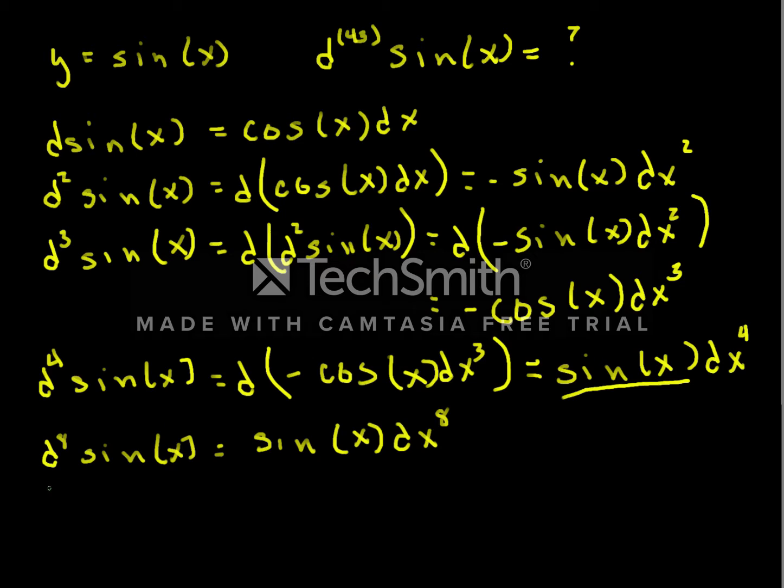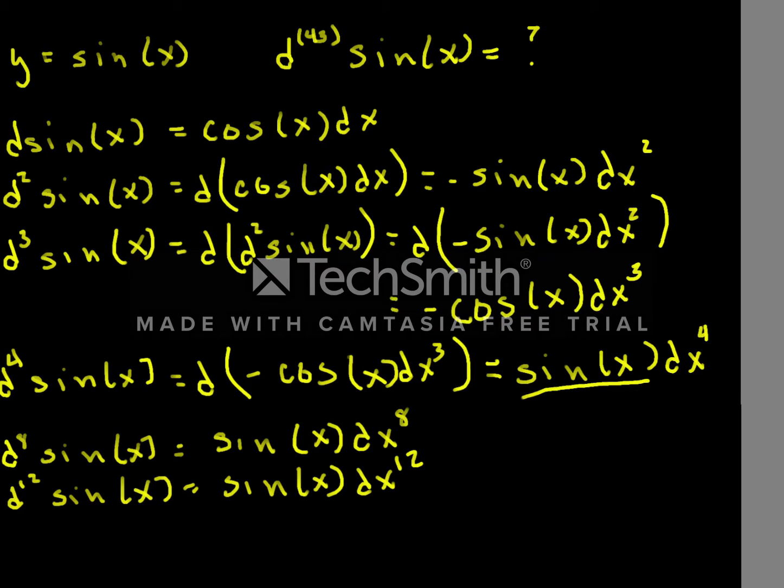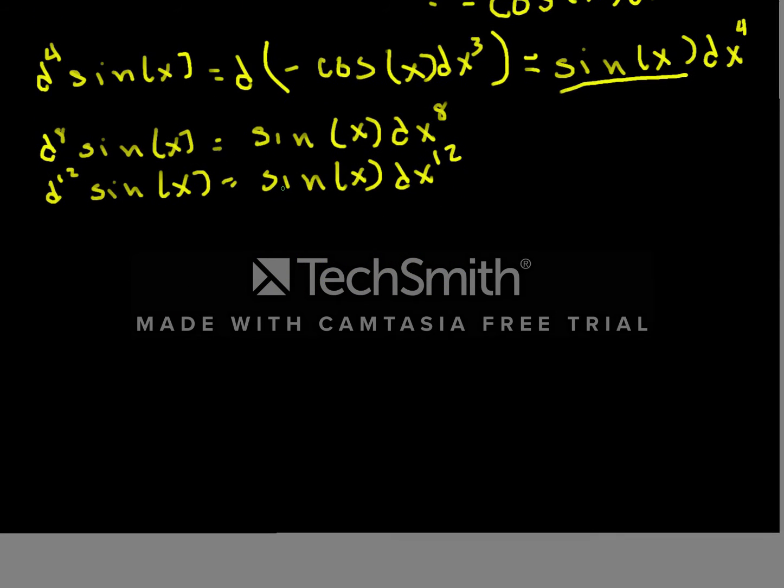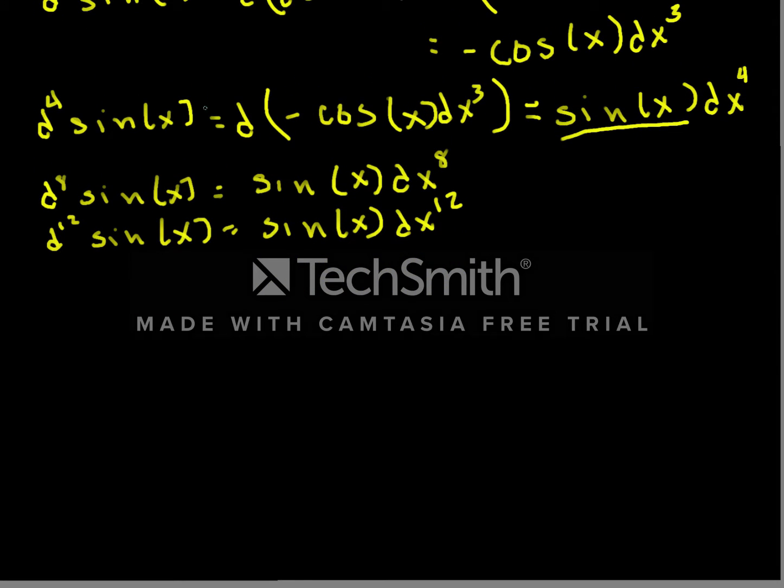Again, do it for another round. Say 12: the 12th differential of sine of x is just sine of x again. And now my differential's gone up 4 more times, so that's dx to the 12th. And we can say dot, dot, dot, do this a bunch of times.